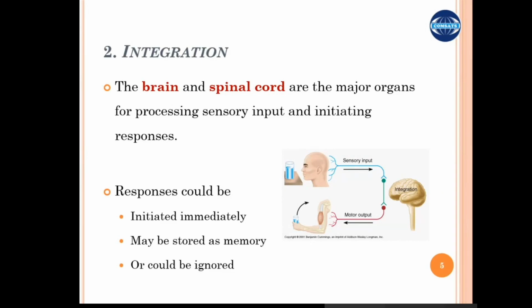And the shortest cycle from where the information is received, processed, and responded to is known as the reflex arc, where only 3 neurons are involved, or sometimes even 2 neurons can do that function, where the sensory neuron receives the information, the interneuron processes the information, and the motor neuron sends that information back to your effectors or your muscles to perform accordingly.